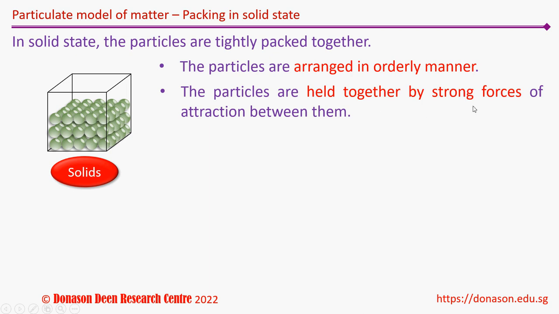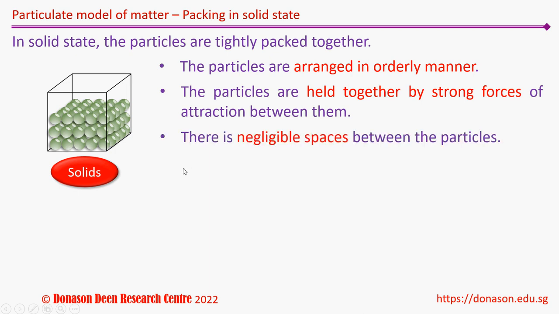They are held together by very strong forces of attraction, and that's the reason why a big number of particles can exist bonded together, and we can see, feel and touch them as solids.